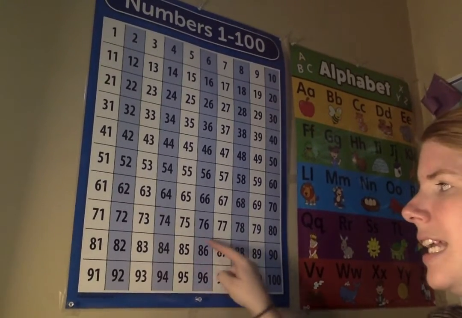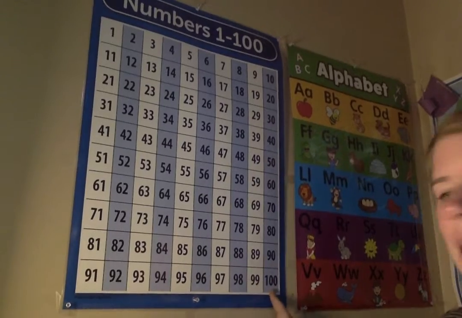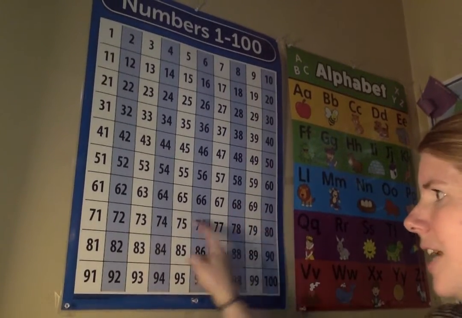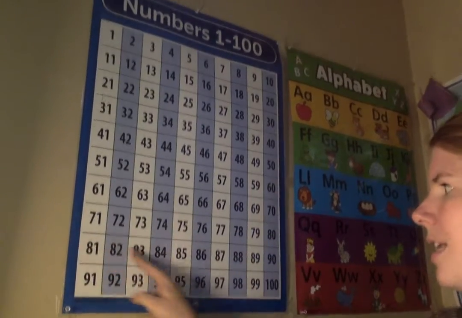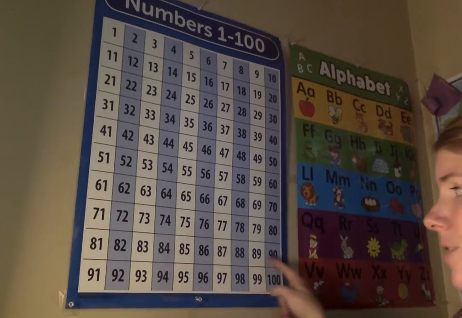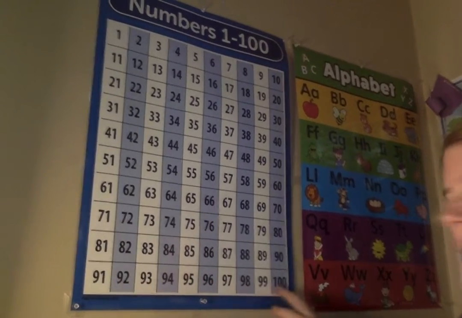It totally is a bigger number because it's way closer to 100 than 68. See, 68, you have to go all the way down here. Boop, now you're at 100. And 86, you just have to go a row and a half till you get to 100. So 86 is smaller than 100.